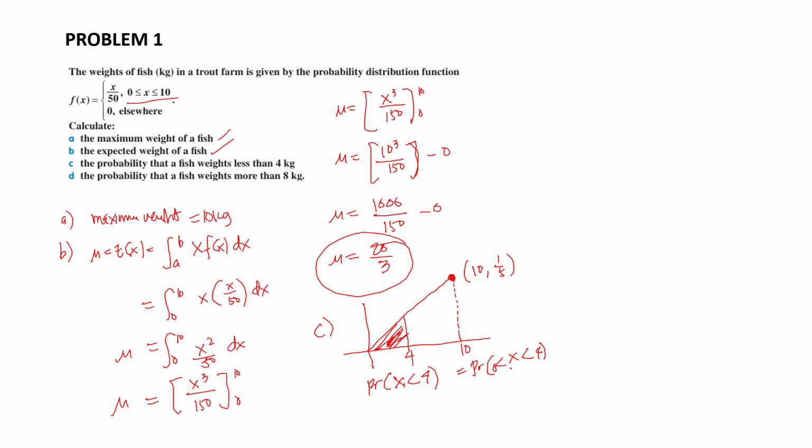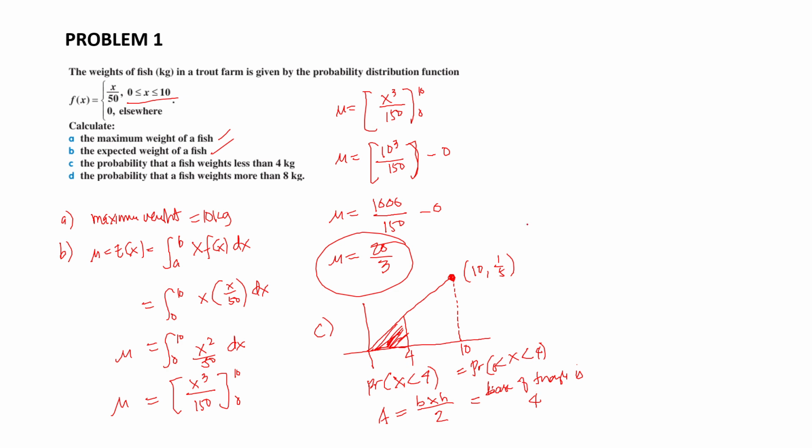Using geometry, since we are dealing with a triangle, the area is equal to base times height over 2. Since we need the portion less than 4, the base of the triangle is 4. Next, we have to find the height.